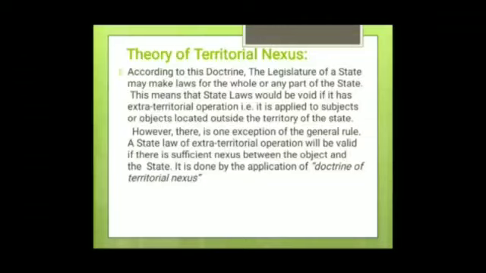But there is one exception to this general rule: even if the state makes a law with extraterritorial operation, it will be valid if there is sufficient connection between the object and the state. And this can be done by the doctrine of territorial nexus. That is, there should be some territorial connection, a nexus.